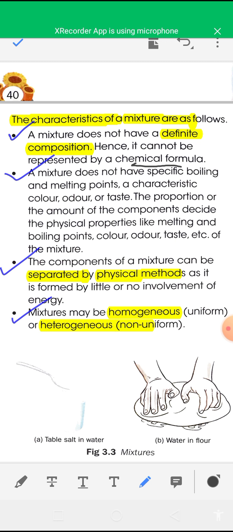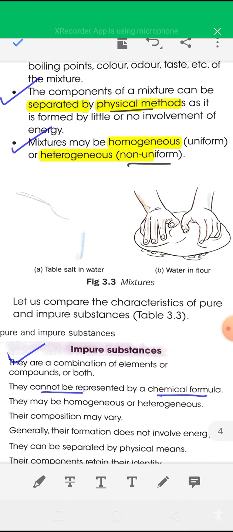A mixture does not have a specific boiling point, melting point, characteristic color, odor, or taste. The components of a mixture can be separated by physical methods, and a mixture may be homogeneous, that is uniform, or heterogeneous, that is non-uniform.